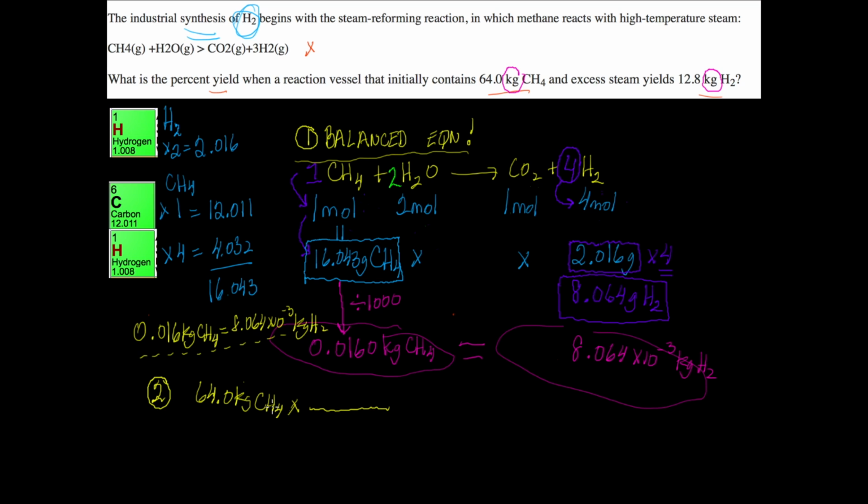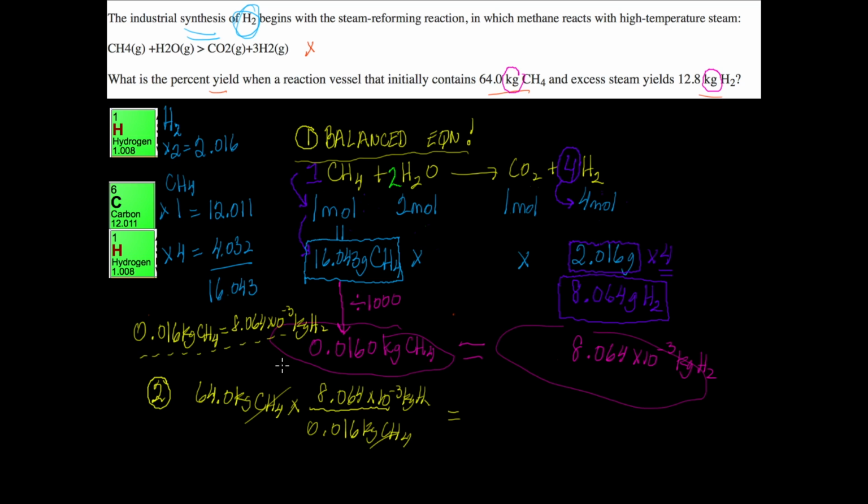So down below, I'm going to have 0.016 kilograms of CH4, and up on top, I'm going to have 8.064 times 10 to the minus 3 kilograms of H2. The units here cancel.